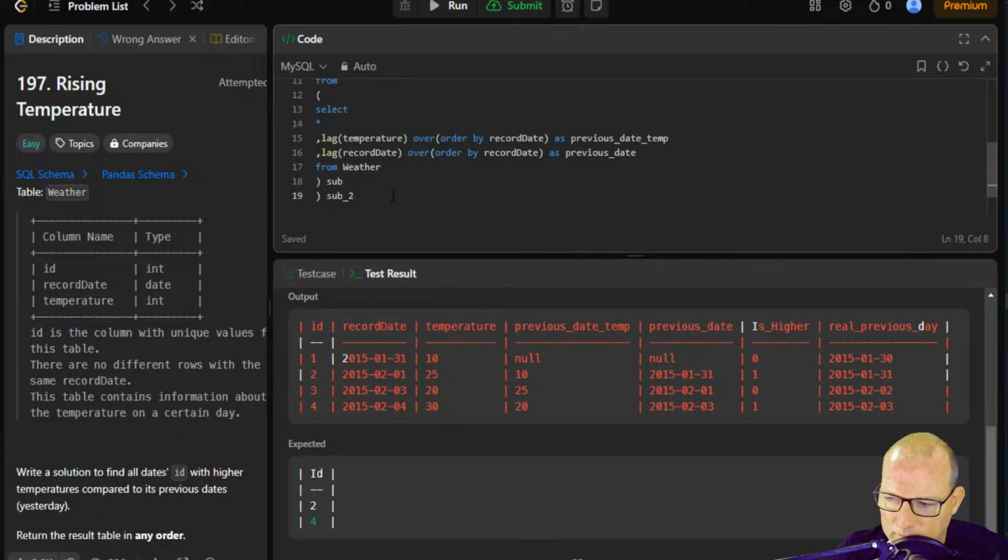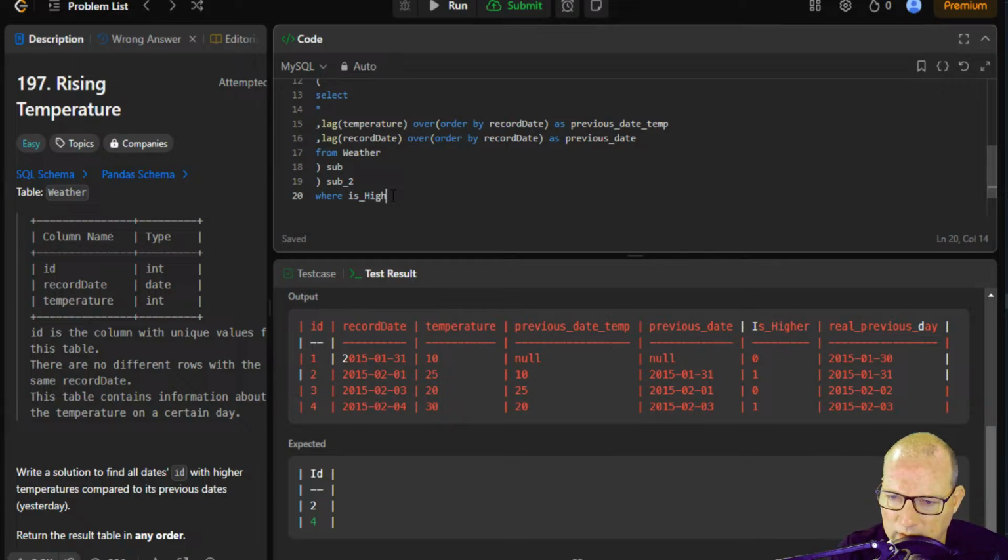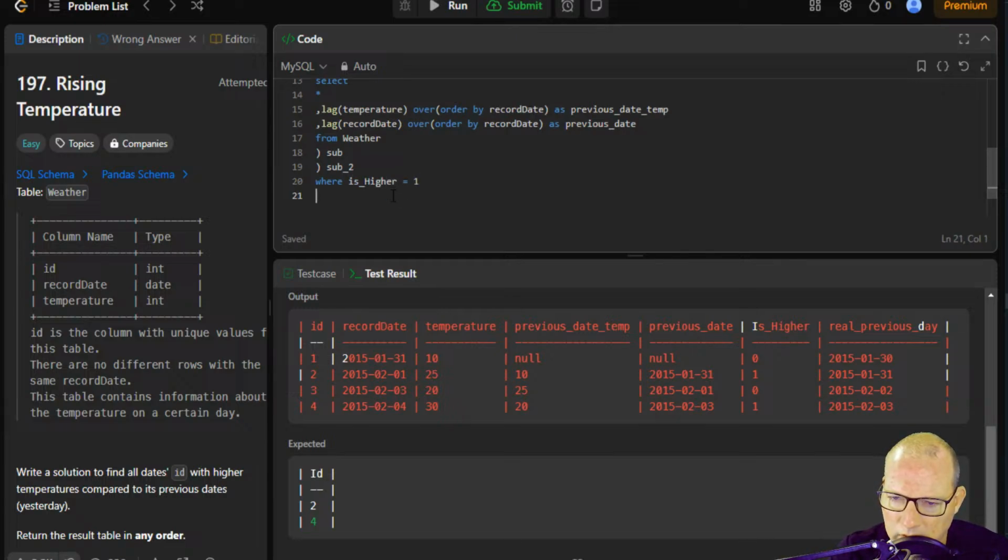So now I want where is higher equal to 1 and previous date equal to real previous day.